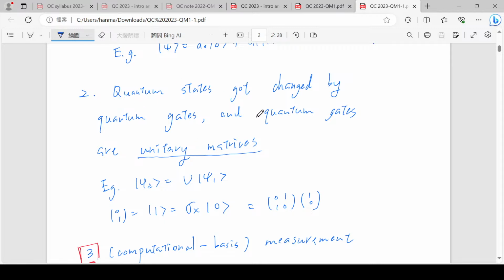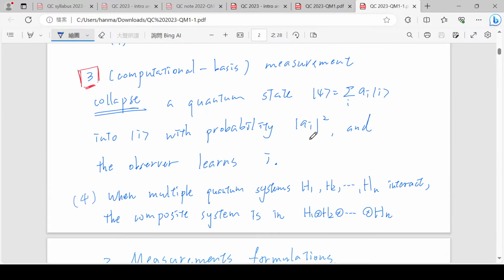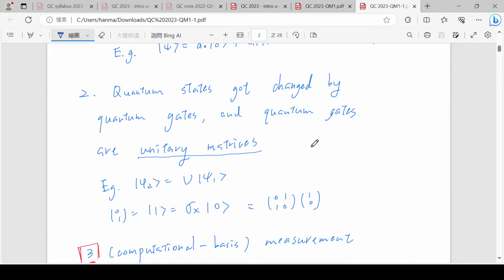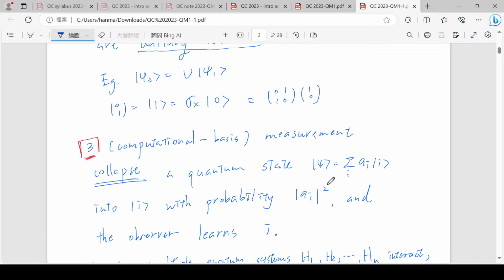So we think about our quantum state as something we can always express in the computational basis. That's the most standard basis you think about. Just like when you write these columns, every number corresponds to the coefficient of the computational basis. When you do a quantum measurement, two things will happen.